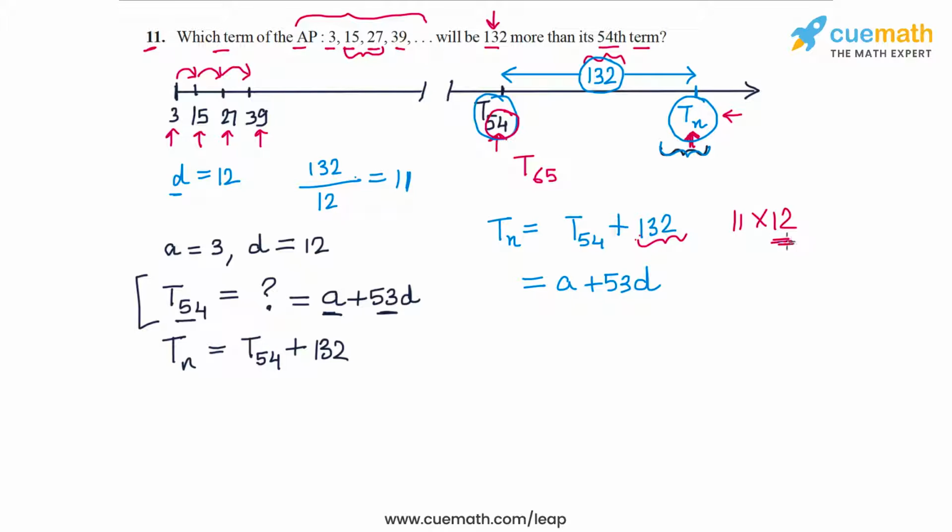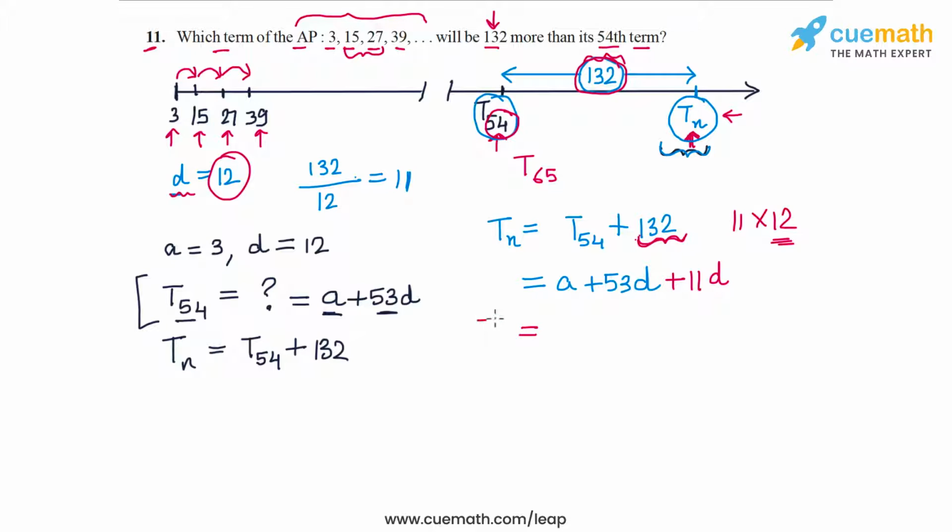And because 12 is the common difference in this case, D is equal to 12, so I can write 132 as 11D. And this basically means what we discussed earlier in the more visual approach, that to make this total jump of 132, we have to make 11 jumps of the size of the common difference.